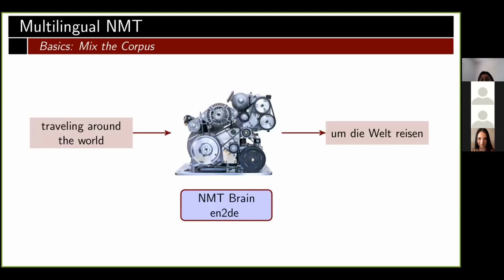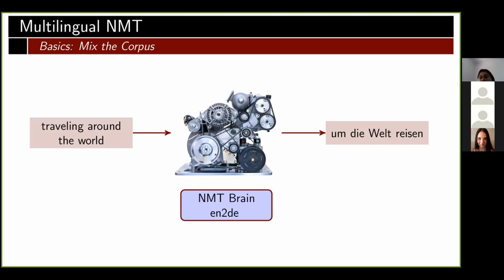And how do we build them? There is a very simple way to learn a multilingual machine translation system. So for training a standard, let's say, bilingual English to German system, we would have our engine, the transformer in this case, or whatever translation engine that we want.